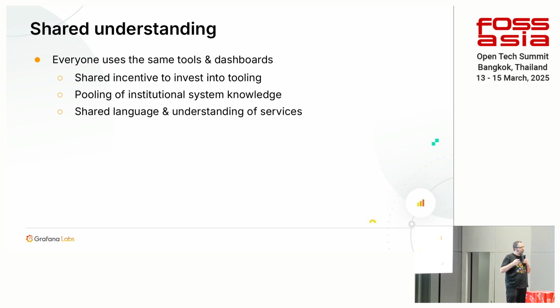If everyone is using the same data and the same visualizations, you don't have this argument anymore, because you already went as an organization through a phase where you pooled your knowledge and your expertise, and you agreed that those are the numbers, and those are the graphs, and those are the things which you want to rely on. So you don't have to have this fight every single meeting.